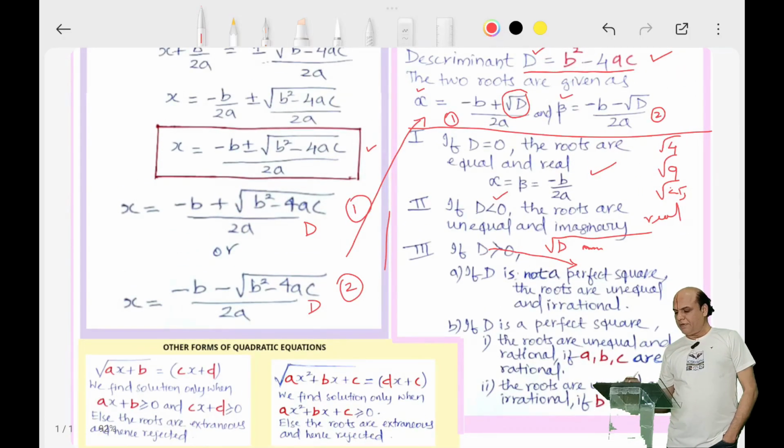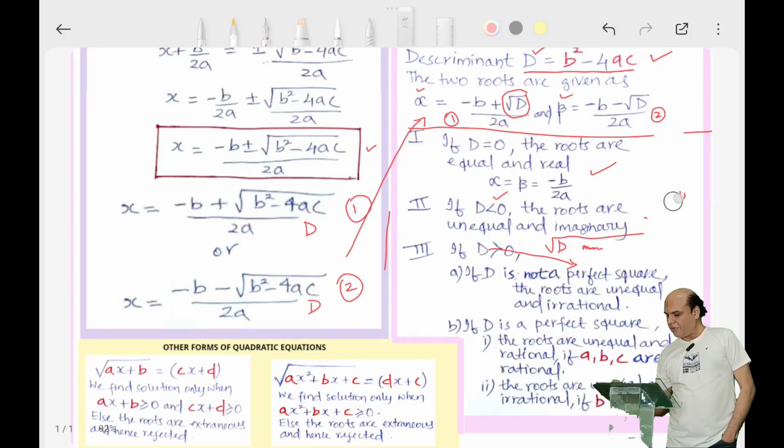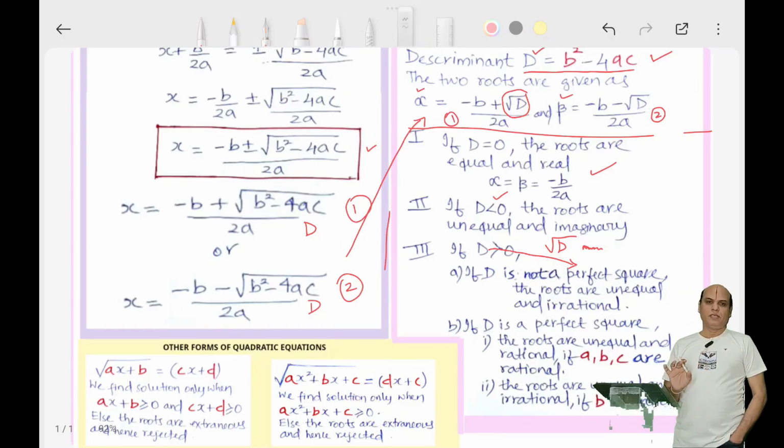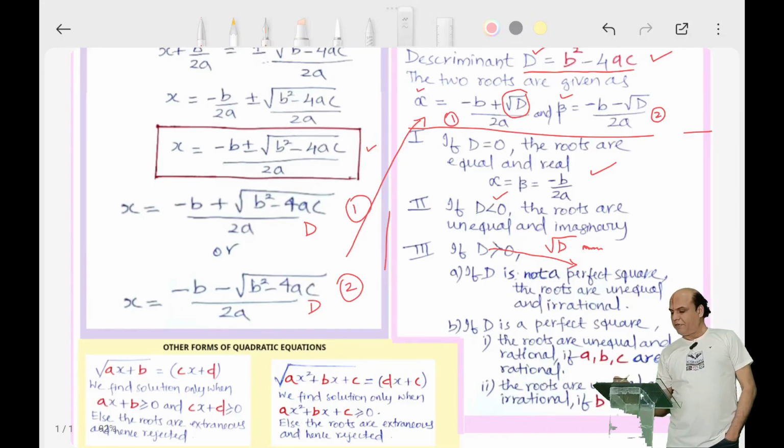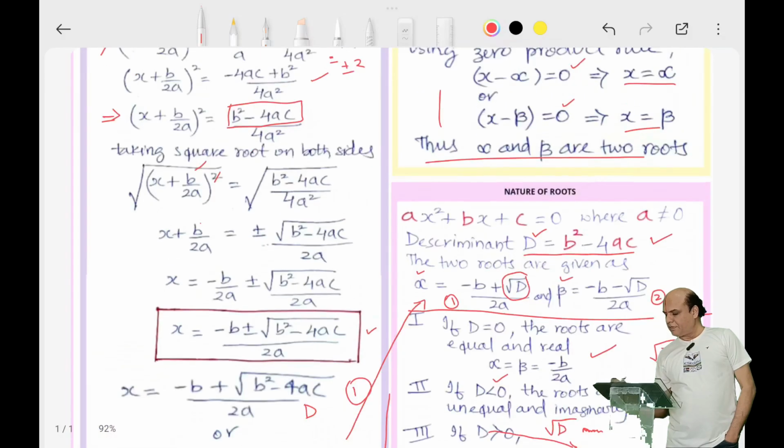okay, so let us see first, when D is not a perfect square. So assume D is not a perfect square. If the discriminant is greater than 0, you know that the roots are unequal. Then if D is not a perfect square, if you take the square root of D, it would be some value like 2.3376.